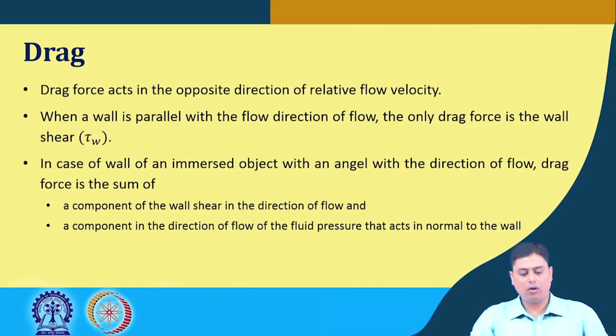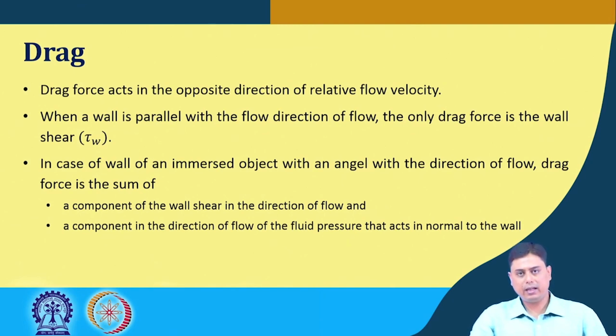Now in the case of a wall that is immersed on an object at an angle with the direction of flow, the drag force is the sum of two components. One arises from the wall shear in the direction of the flow, and the other from the fluid pressure that acts normal to the wall.